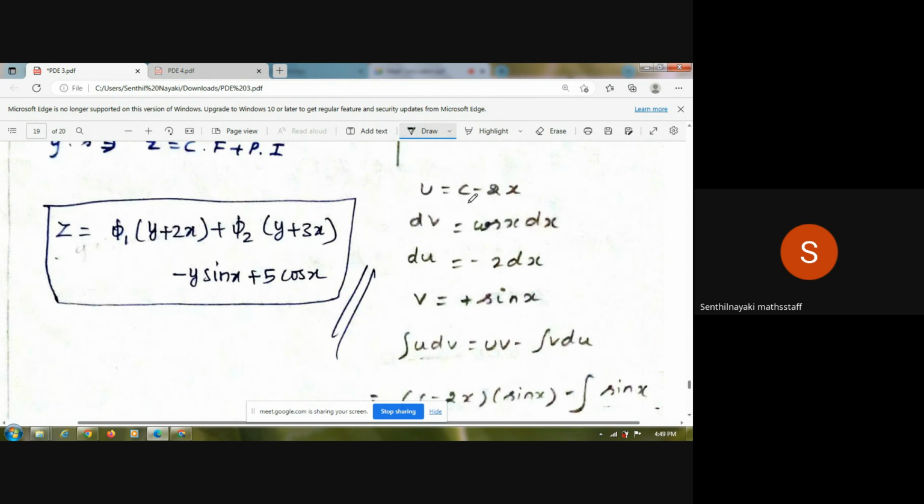So for the integration by parts, for the second factor, let u equal to c minus 2x and dv is cos x. Then du is minus 2 dx, v is sin x.